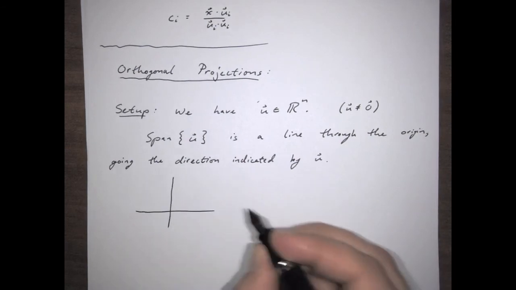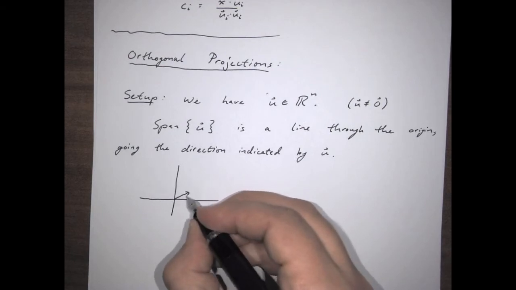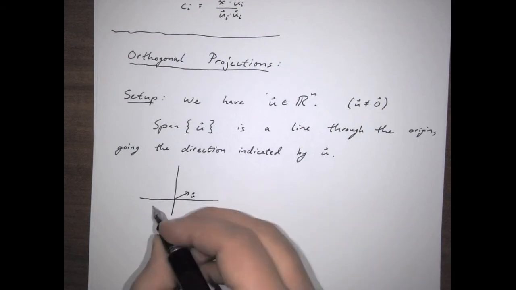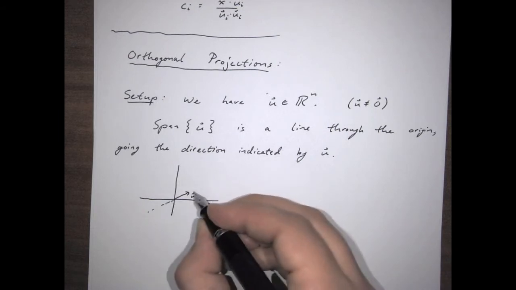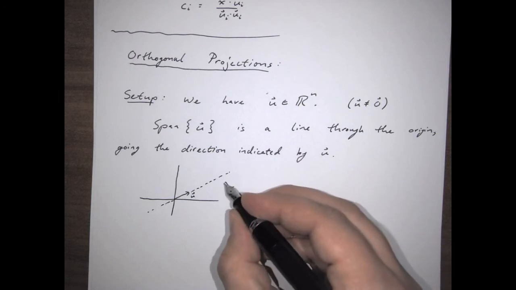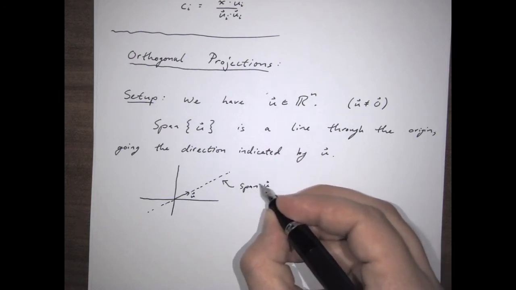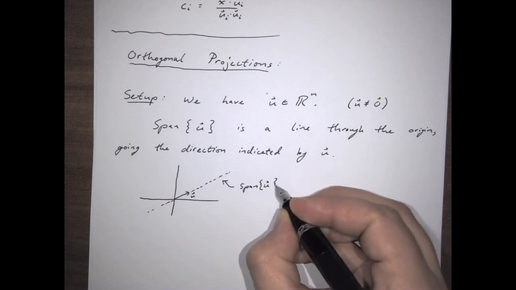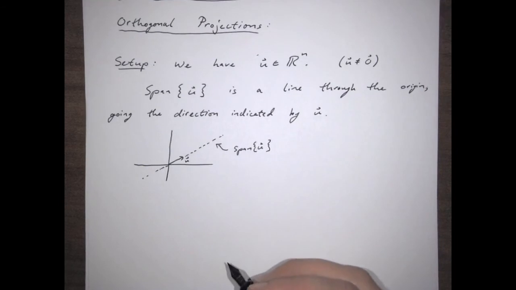So just thinking about this, let's say we're talking about R2, for example, we've got u going that way. Then the span of u would be the line that goes all directions, forward and backward from u. So it goes infinitely far, forward and backward from u. Okay.